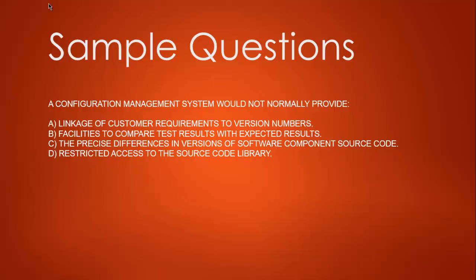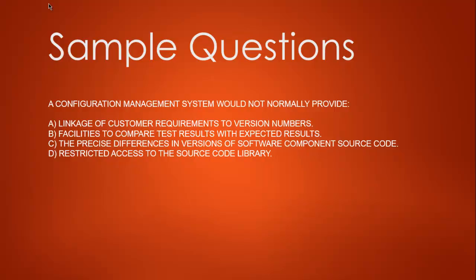So A, linkage of customer requirement to version number is part of configuration management. Facilities to compare test result with expected results, that is not part of configuration. The precise difference in versions of software component source code is part of configuration management system.